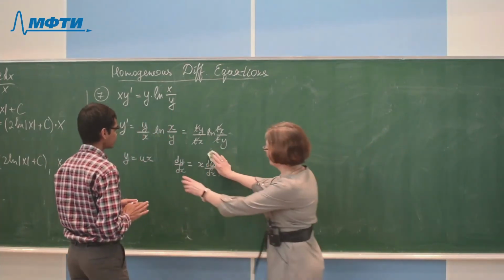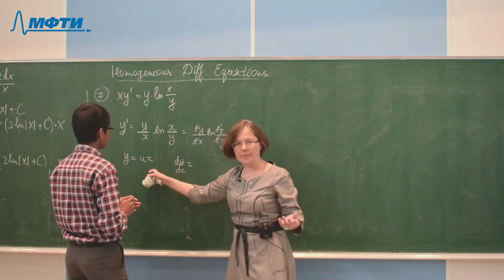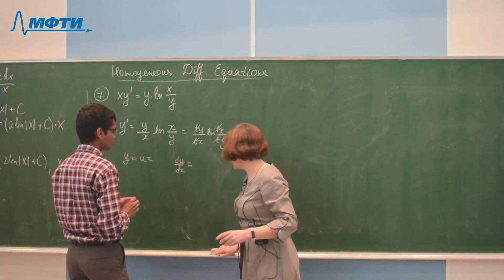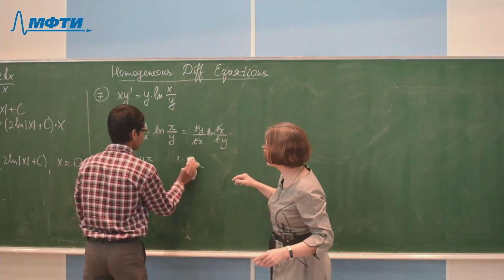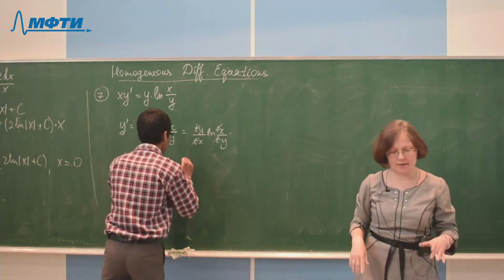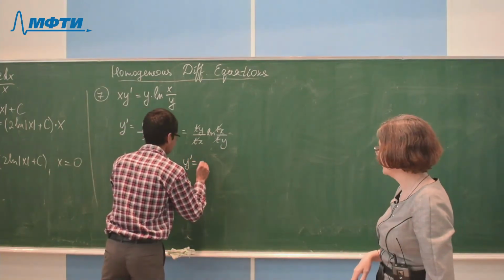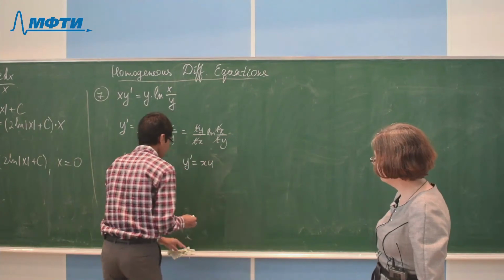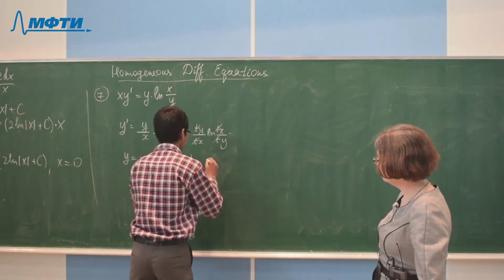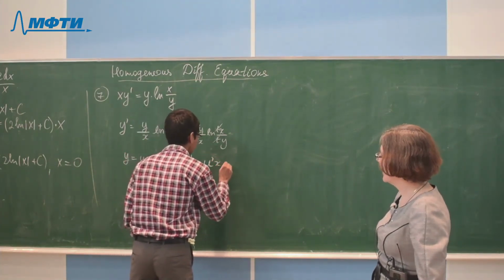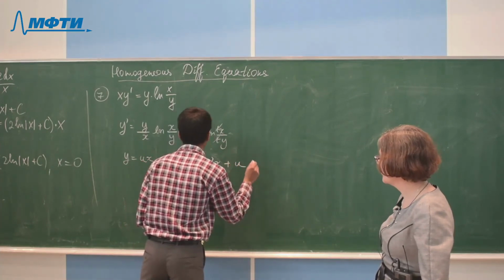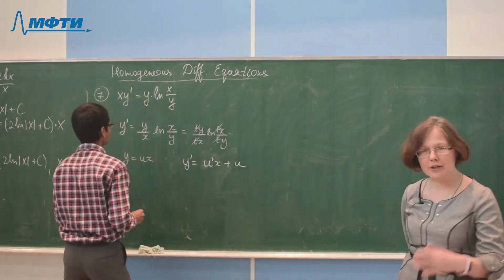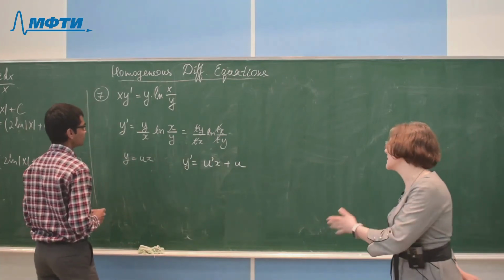So if you differentiate the product, y prime equals the derivative of the product plus u times... right, that's all. The derivative of x is 1, so it's correct.